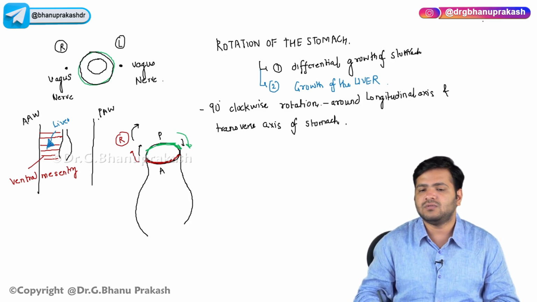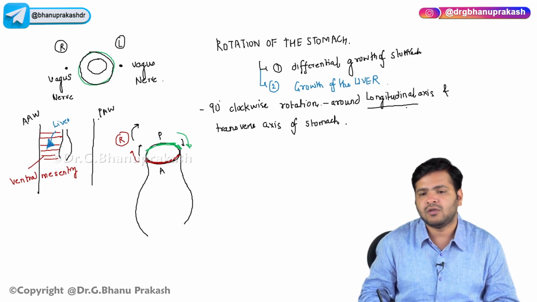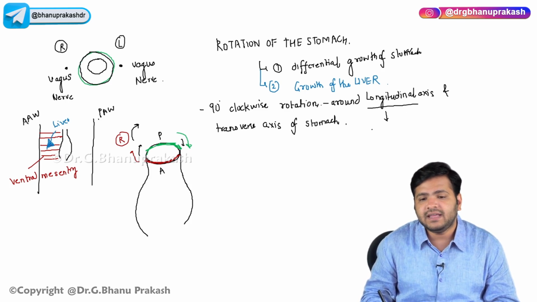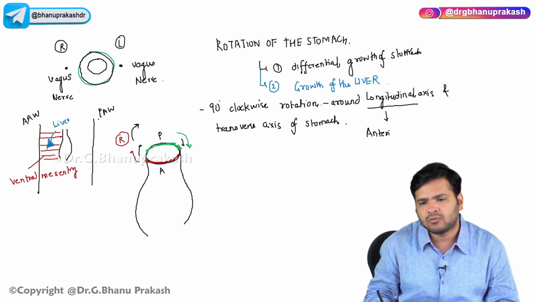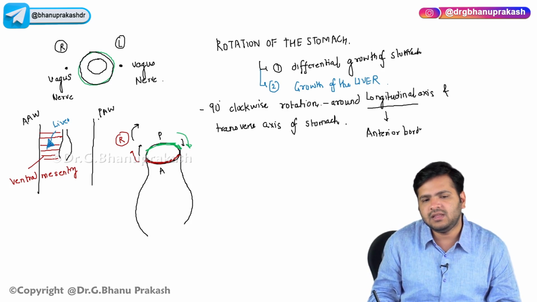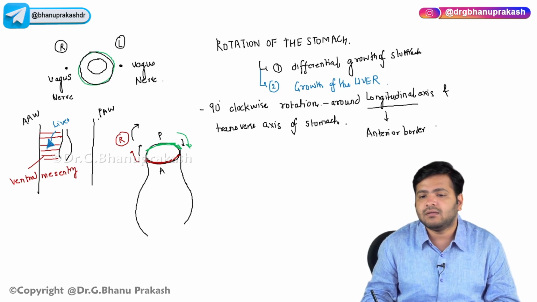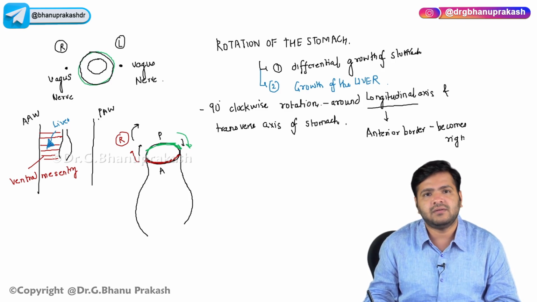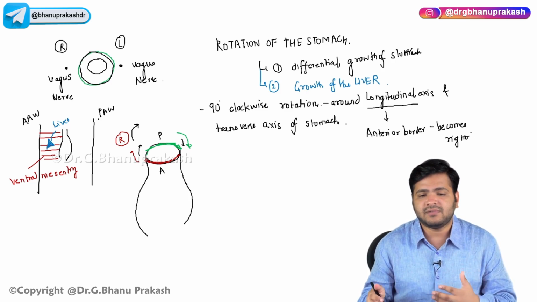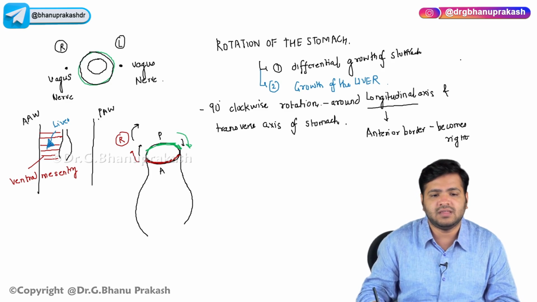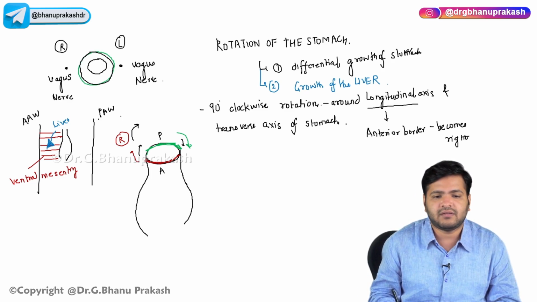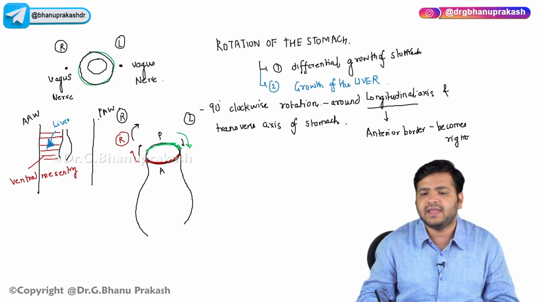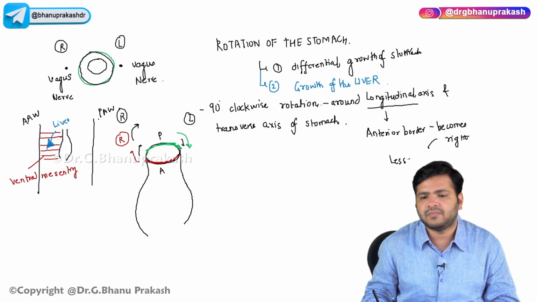So if it is around the longitudinal axis, you already know the anterior border will become right, and it is towards which region? You already know it is the right, and this is the left part, right? So the anterior border becomes right, and it is nothing but the lesser curvature.